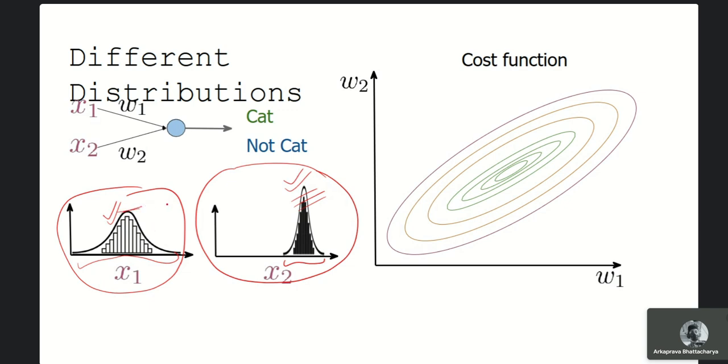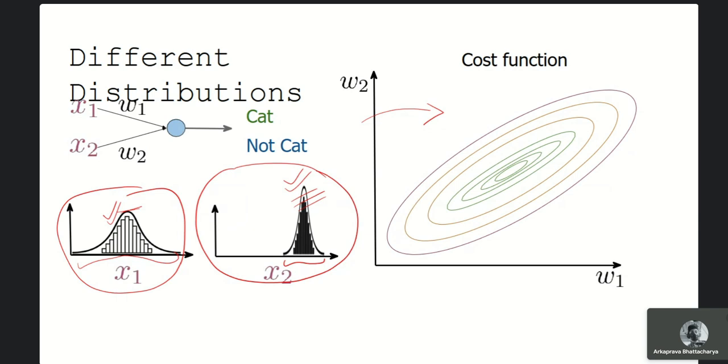Why are we discussing the distribution of these input features? Because the distribution of these input features actually affects how our cost function changes, or what is the pattern of the changing of the cost function. So again, the graph on the right is showing how the cost function changes over time with W1 and W2, that is, the weights which are connecting X1 and X2 to the output.